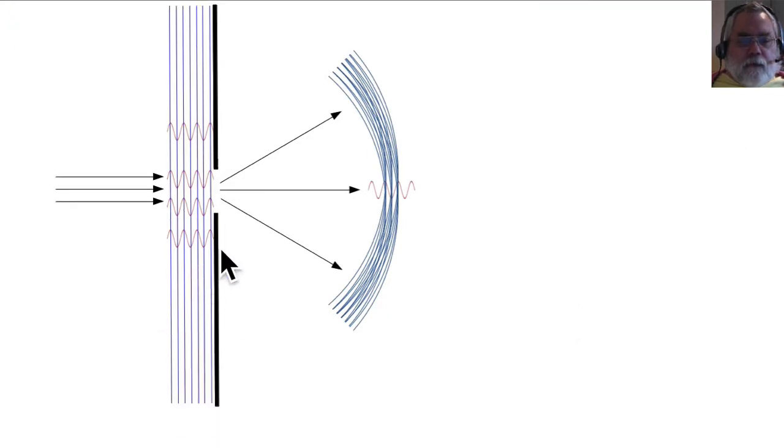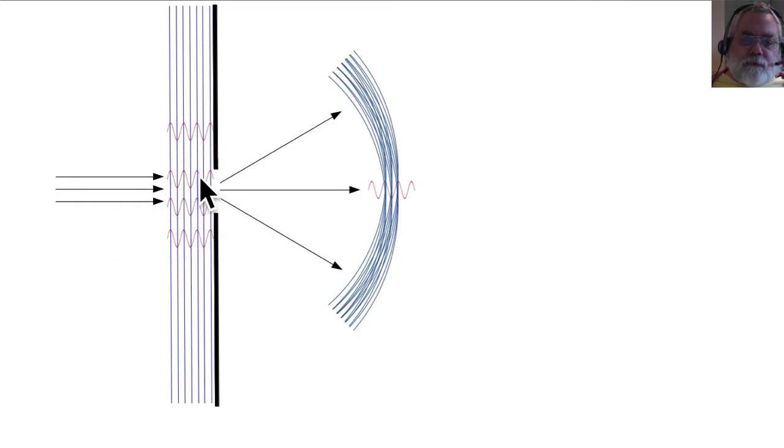So, to the left of the barrier, we have a plane wave coming left to right of a single frequency of light, single wavelength. Where it hits the barrier, it's absorbed.